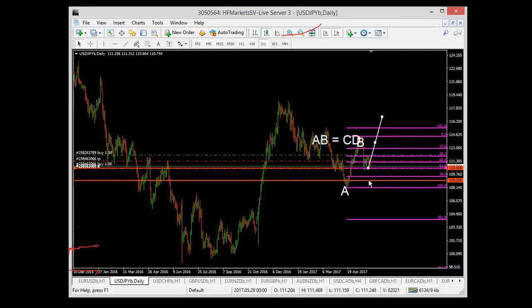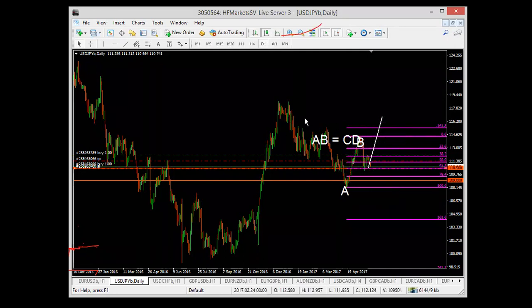It will take time to come here, but it is true that AB equals CD. So 161.8 is already here as our target, because by normal scenario, the next high must be higher than the previous high, where the trend has changed. Instead of forming lower lows and lower highs, it started forming higher highs and higher lows. It must take us there.